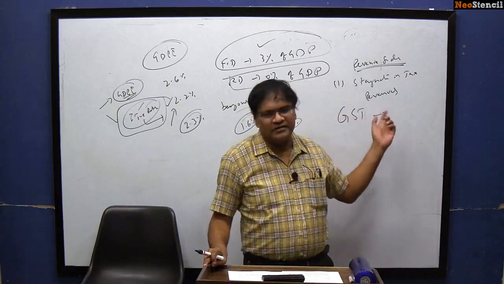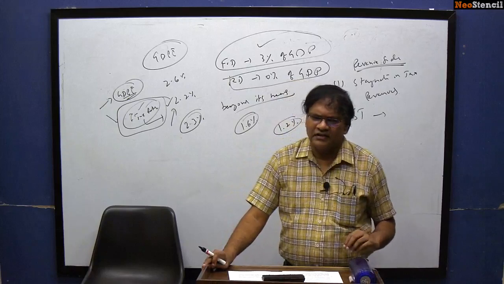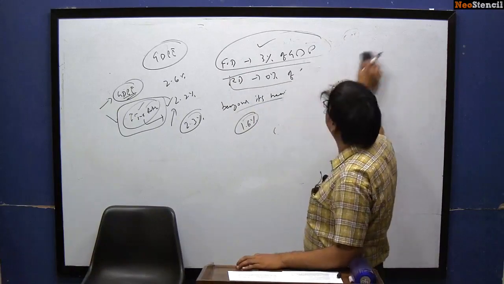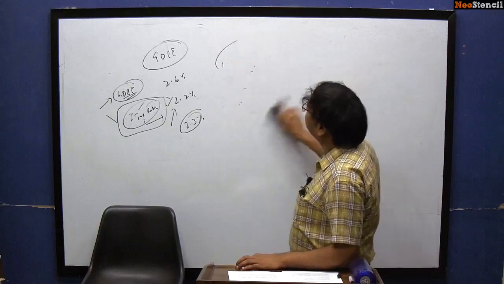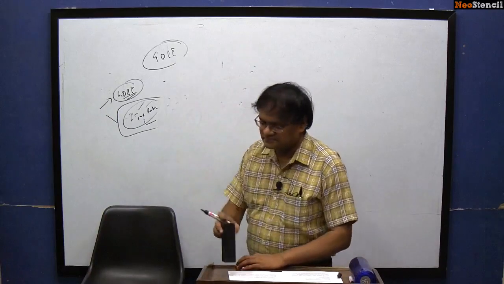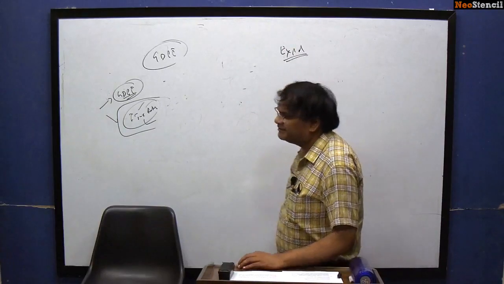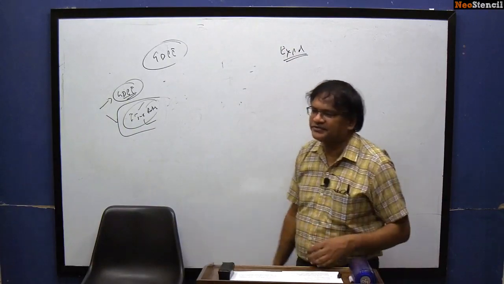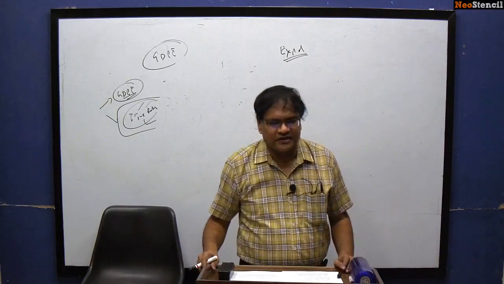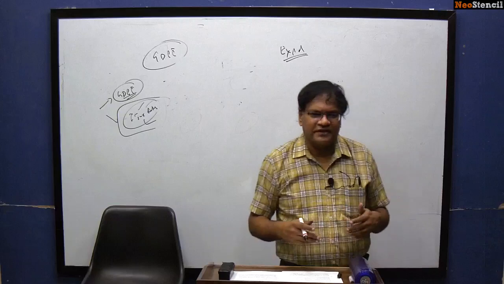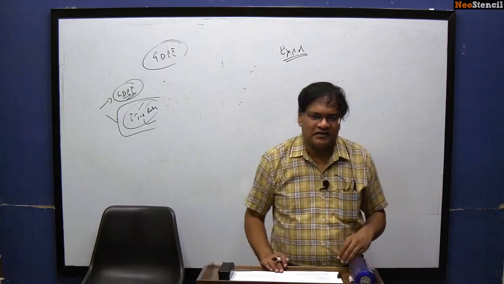The basic problem is that we are not able to raise revenues. And then on the expenditure side, this is where the problem for the government is. On the expenditure side, the government has simply failed to control its revenue expenditure. It could not control its revenue expenditure. There are some aspects of revenue expenditure over which the government cannot do anything.